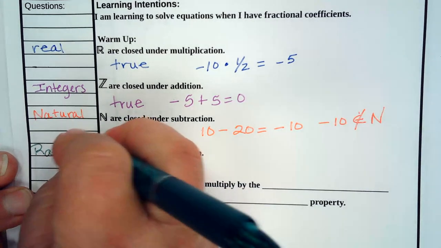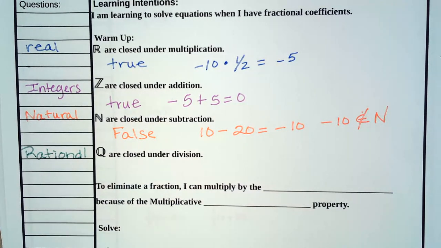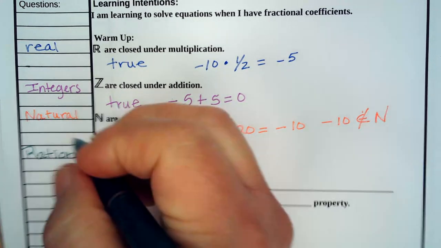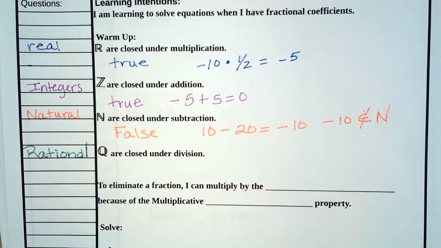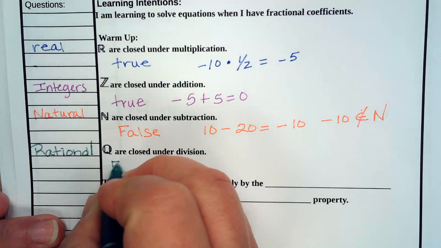Okay, rational numbers are any numbers that can be written as a fraction, or if it's a decimal, it repeats or terminates. Are they closed under division? This also is false, but why?